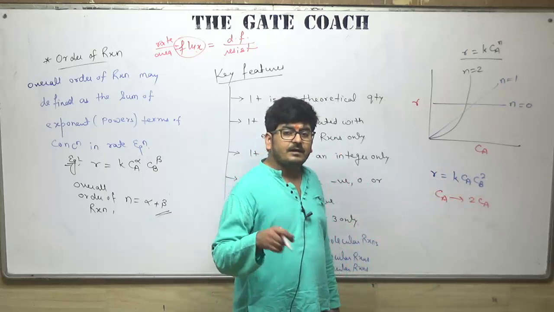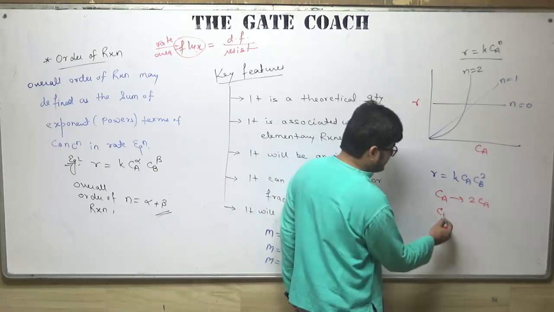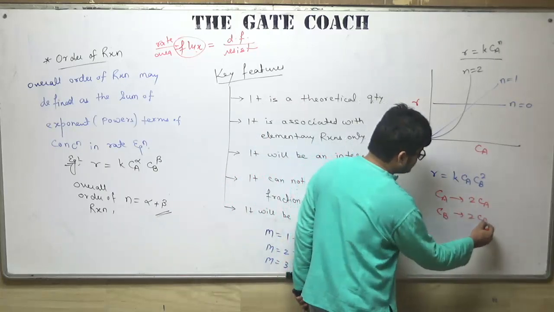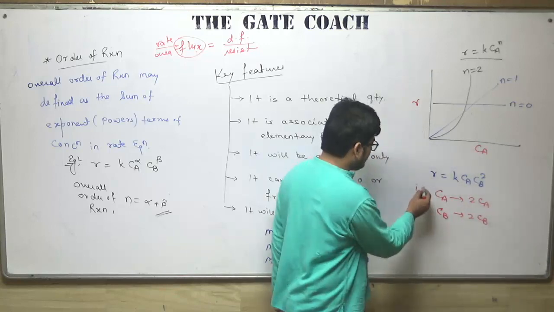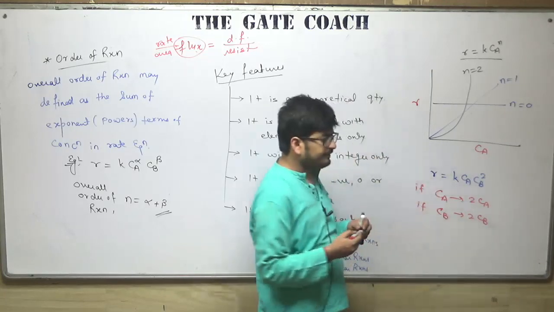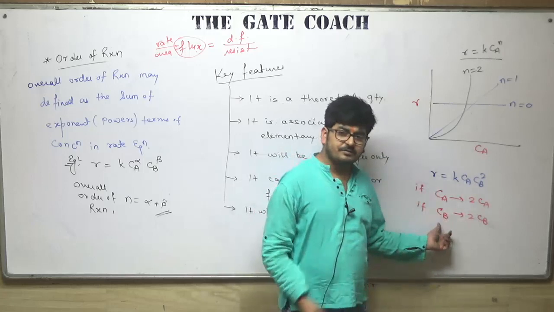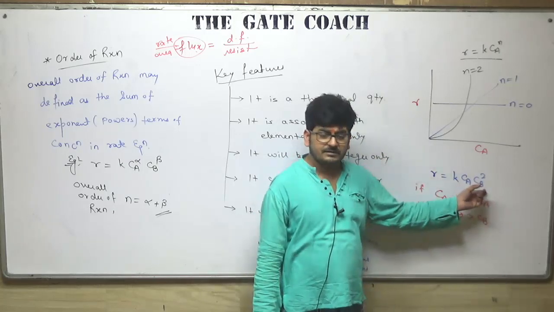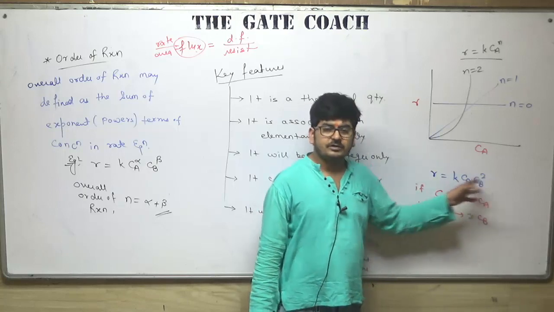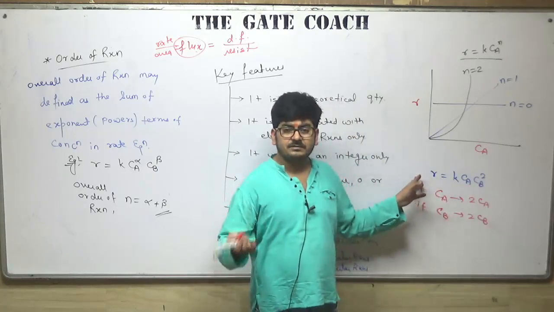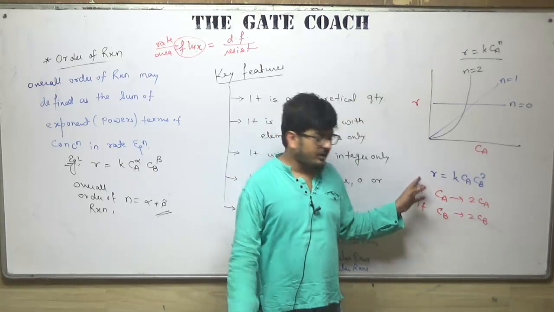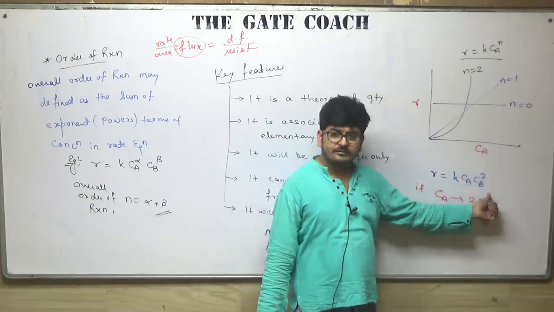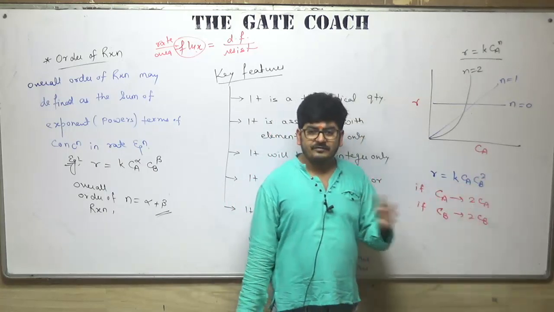And if you double the concentration of B, then since it is power 2, rate will be quadrupled, means 4 times. So this is the apparent order of B. That is the meaning of apparent orders.